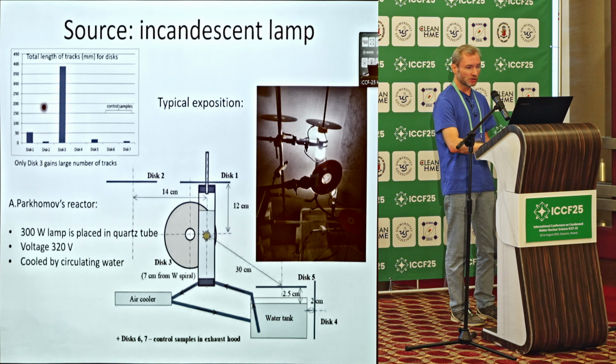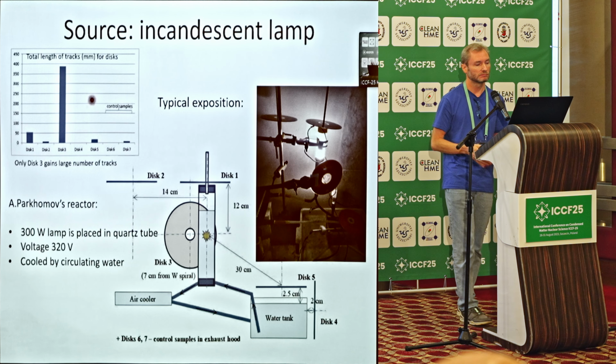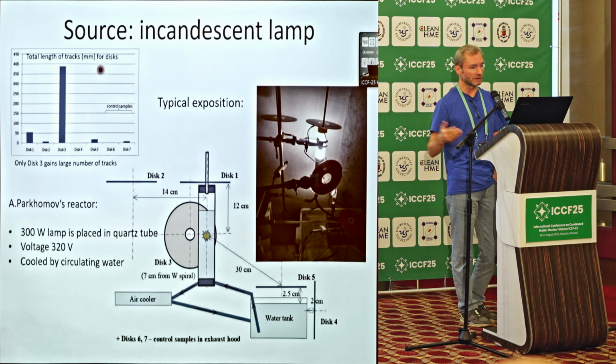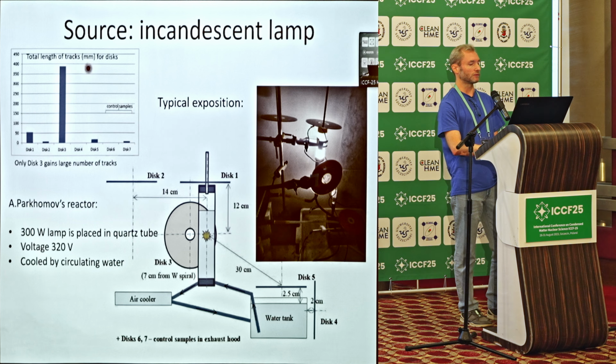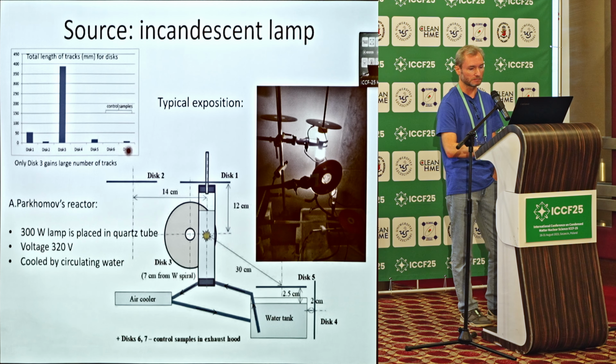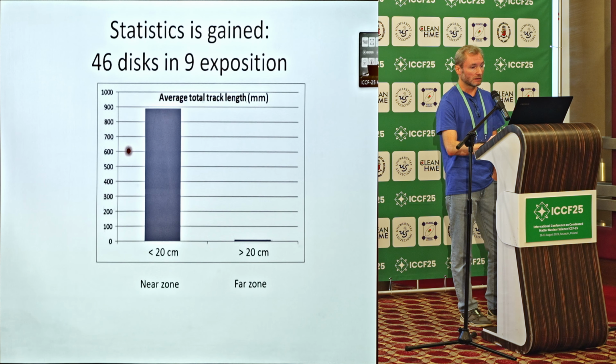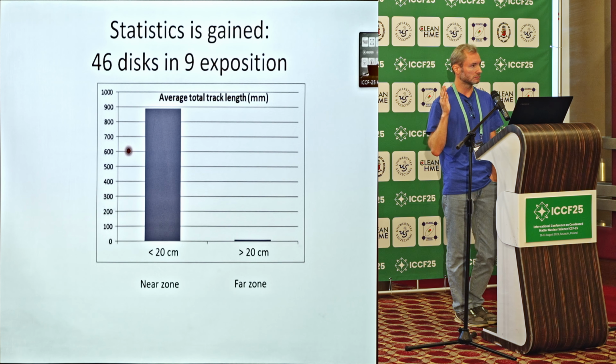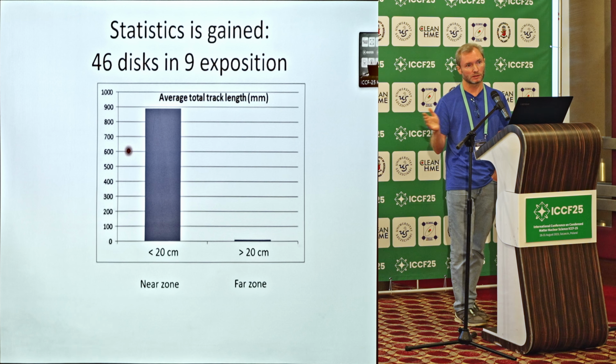After exposition, which takes about 1 week, we count the total length of tracks in millimeters. You can see that just one disk, disk 3, gains a large number of tracks, other disks not. We gained some statistics, 9 expositions, more than 40 disks.